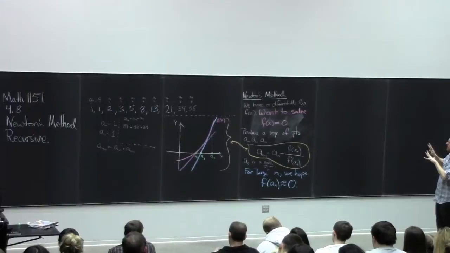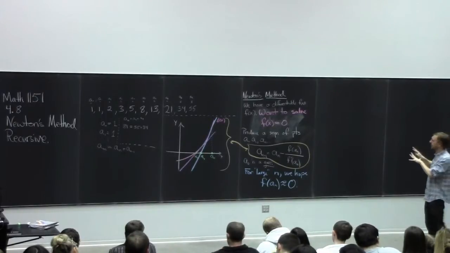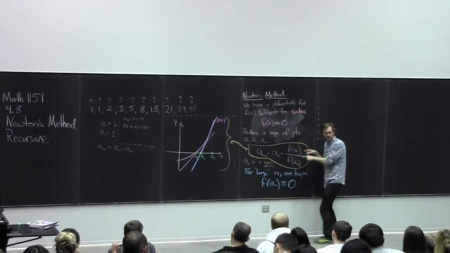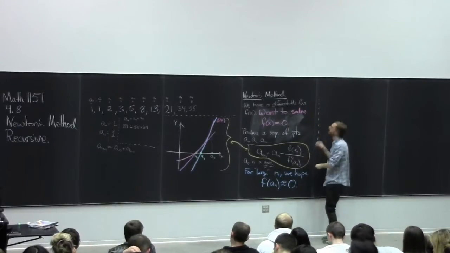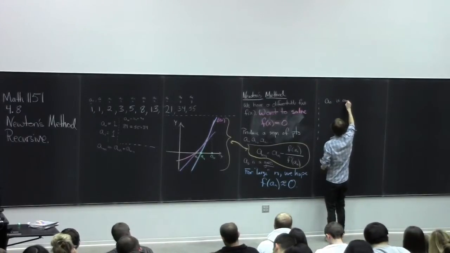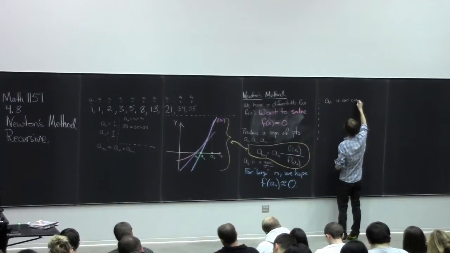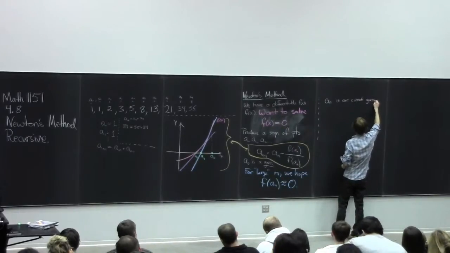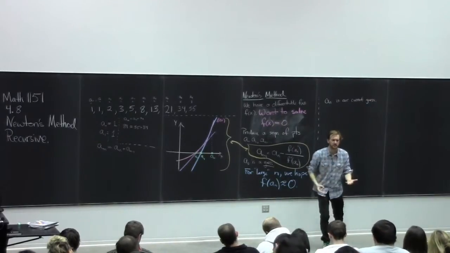All right, so what do we do? So A sub n, I'm explaining this formula right here, is what I'm doing. So A sub n is our current guess. That's our current guess.